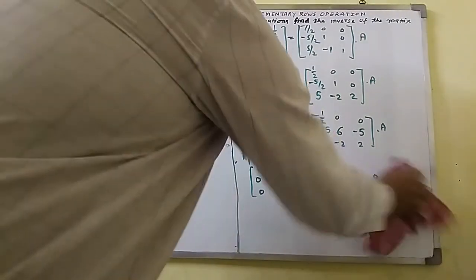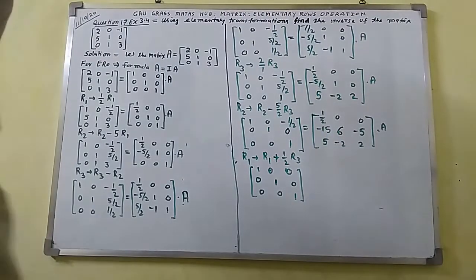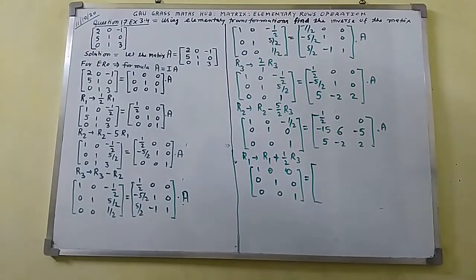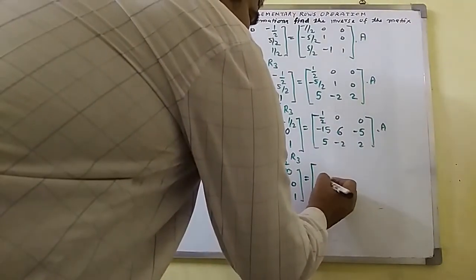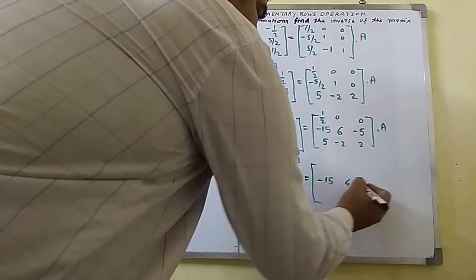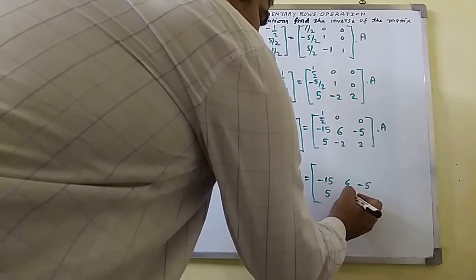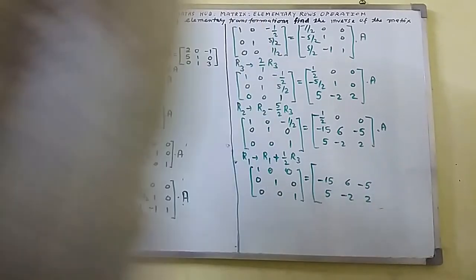After that, what will we do here? Now come out to the next one, equal to. Changes will occur in the first row. So the second row will be written minus 15. 6 minus 5 it will become 5, minus 2, 2 it will be written.